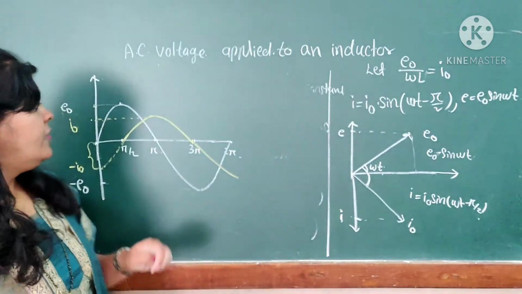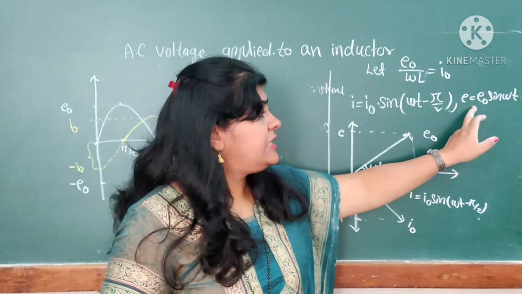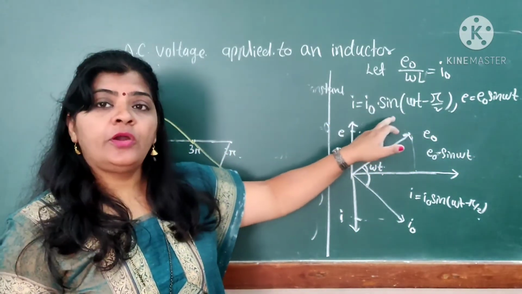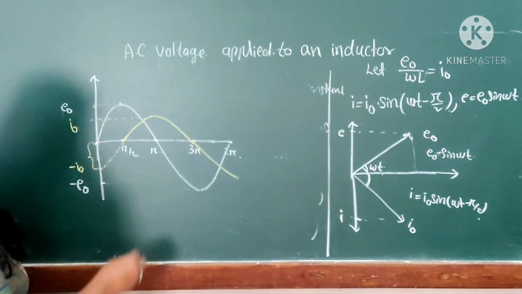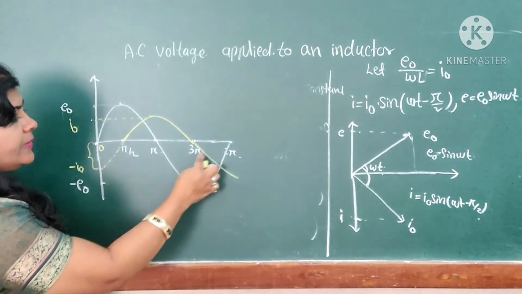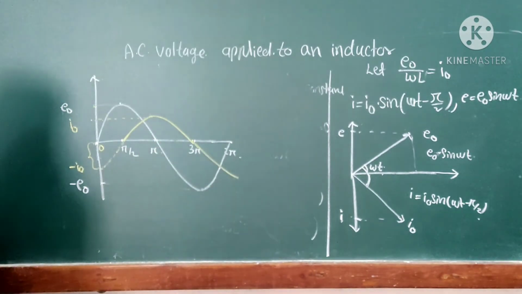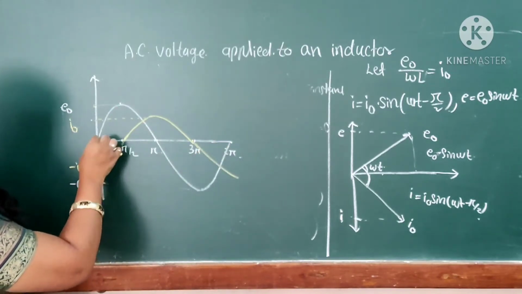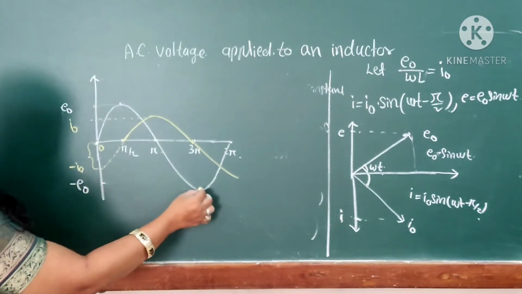Now we are learning the graph of the instantaneous EMF, E is equal to E naught sine omega t, and I is equal to I naught into sine omega t minus pi by 2. Here the angles are 0, pi by 2, pi, 3 pi by 2 and 2 pi, marked at equal distances. The EMF is a sinusoidal wave: 0, then maximum, 0, minus E naught and then minimum.